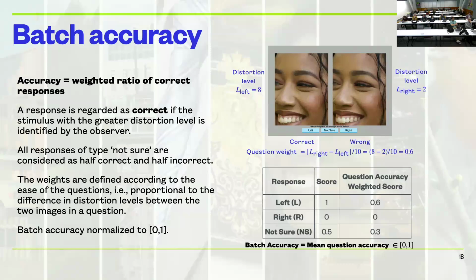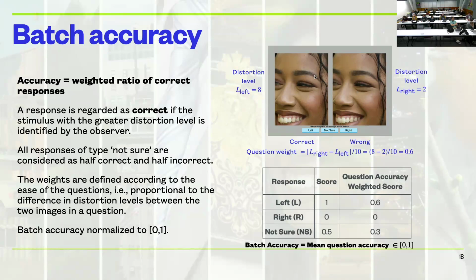That's a hard question, but between 1 and 9, that's easier. So a mistake between 1 and 9 should weigh more heavily than a mistake between level 5 and 6. The weights are defined proportional to the difference of distortion levels. Distortion levels are numbered from 0 to 10. We take the difference, and that is our weight.